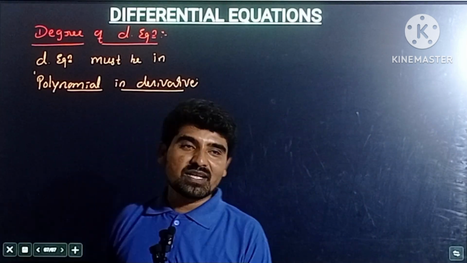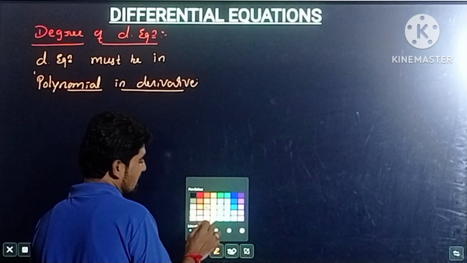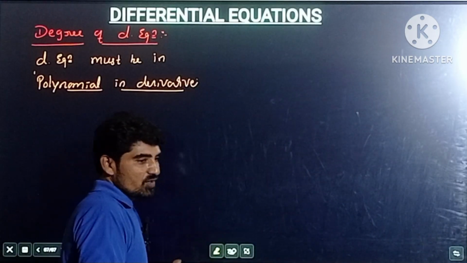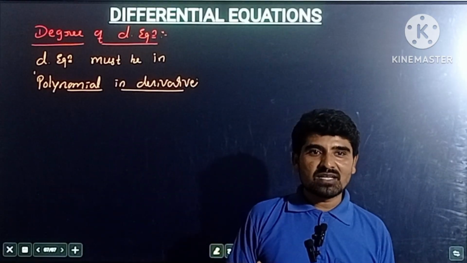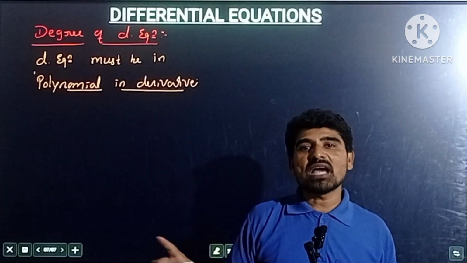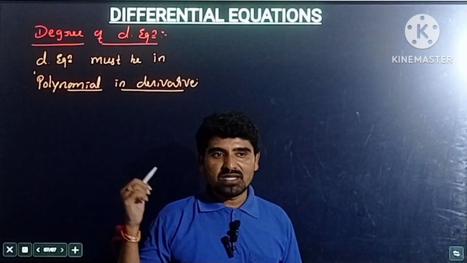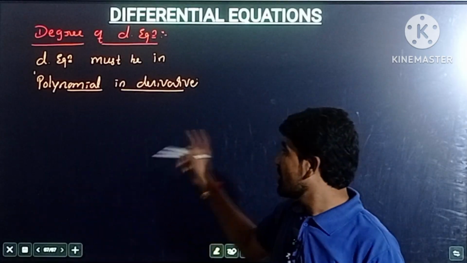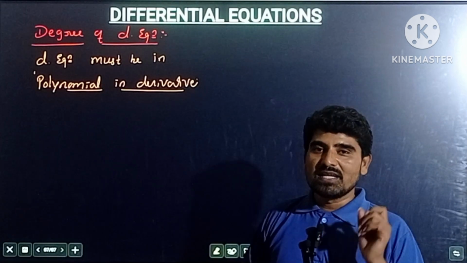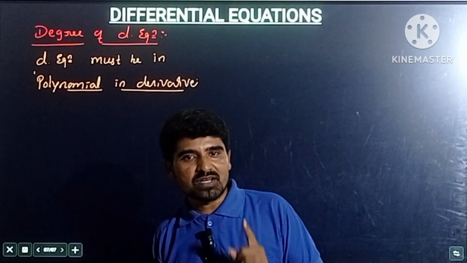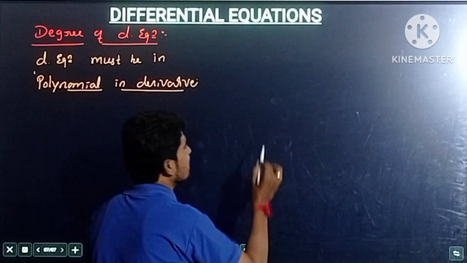To say so, again we have certain conditions. In any given differential equation, the derivatives should not be attached with any other functions. To say the given differential equation is polynomial in derivatives, there exist two more conditions. The first one concerns the derivatives involved in the differential equation. What is the first condition?